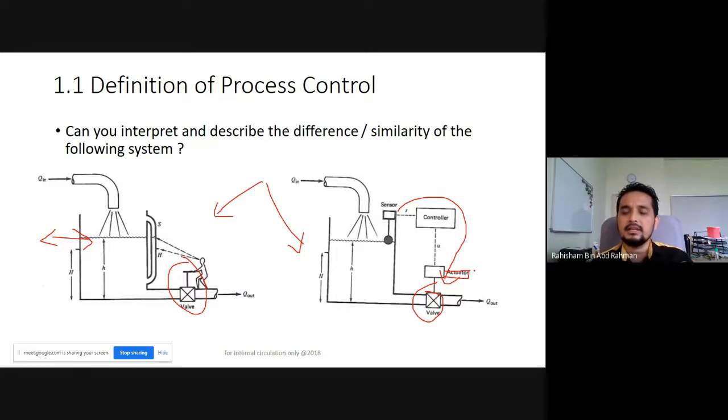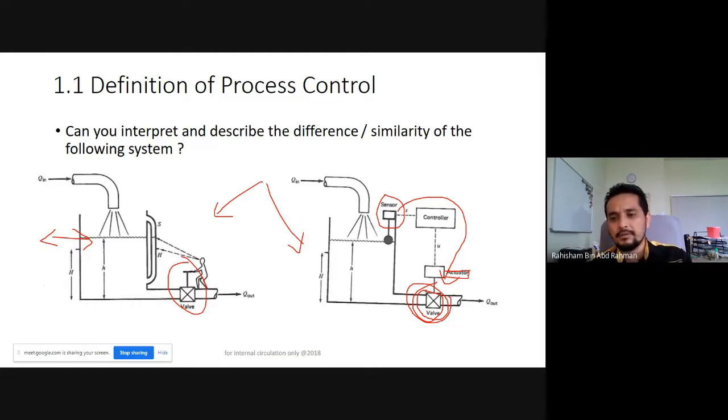So the actuator is the mediator between the sensor and the valve. The valve is the last, or what we call the final control element, the final control component.